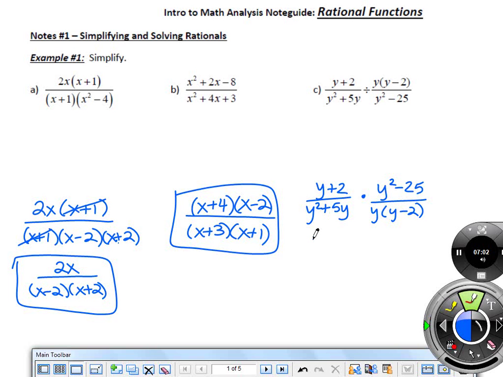So this first numerator, that's factored. Okay, y plus 2 is one factor, kind of in that package. And then in the denominator, these have a common factor of y. So the denominator of that first fraction would factor as y times y plus 5. The denominator of the second fraction is already factored.